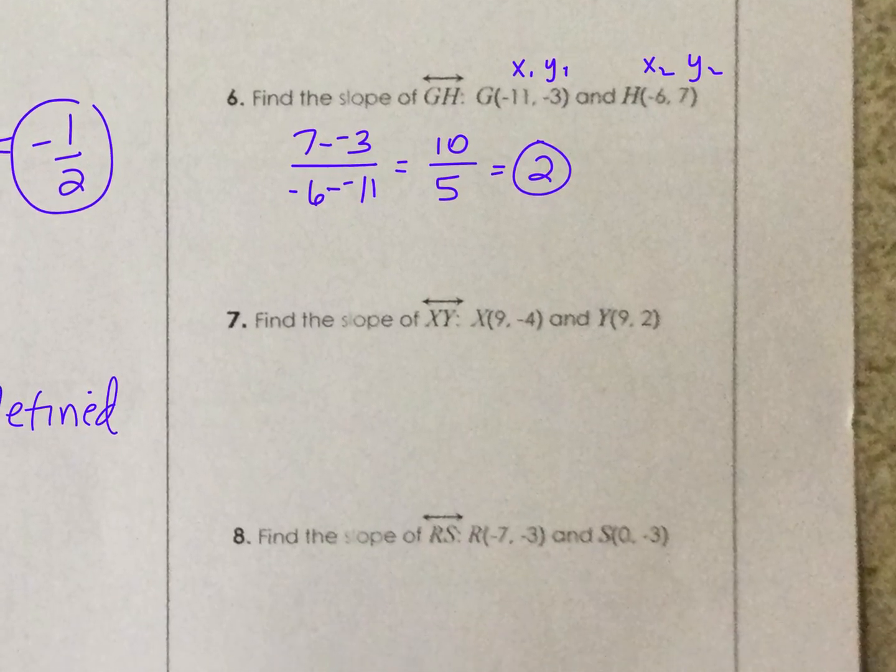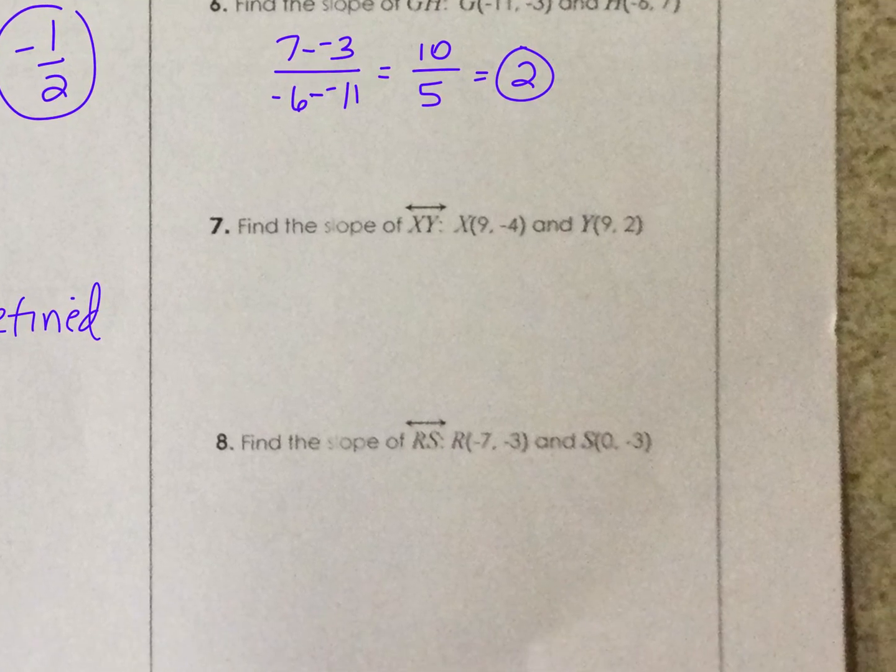We're going to do the same thing for the bottom 2. x1, y1, x2, y2. I'm going to say 2 minus negative 4 over 9 minus 9.